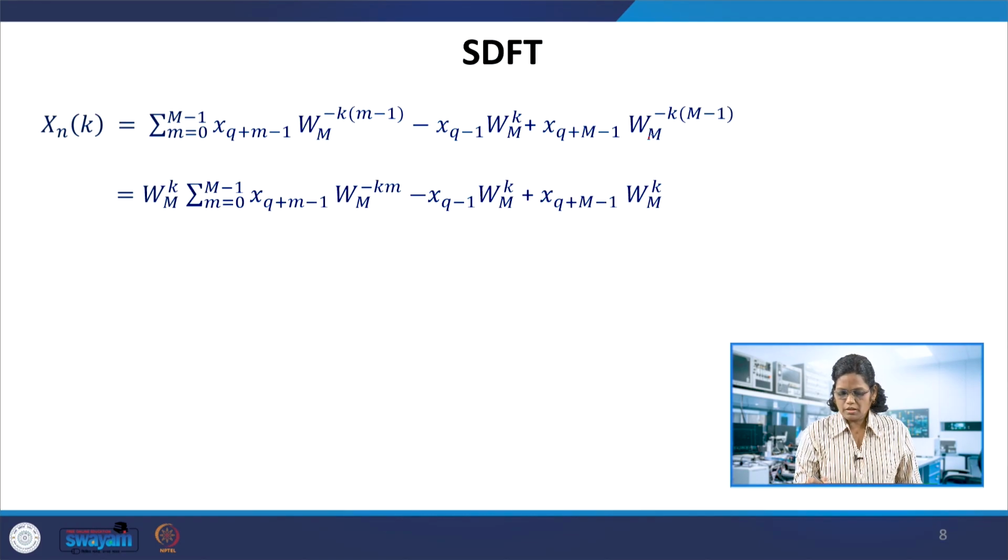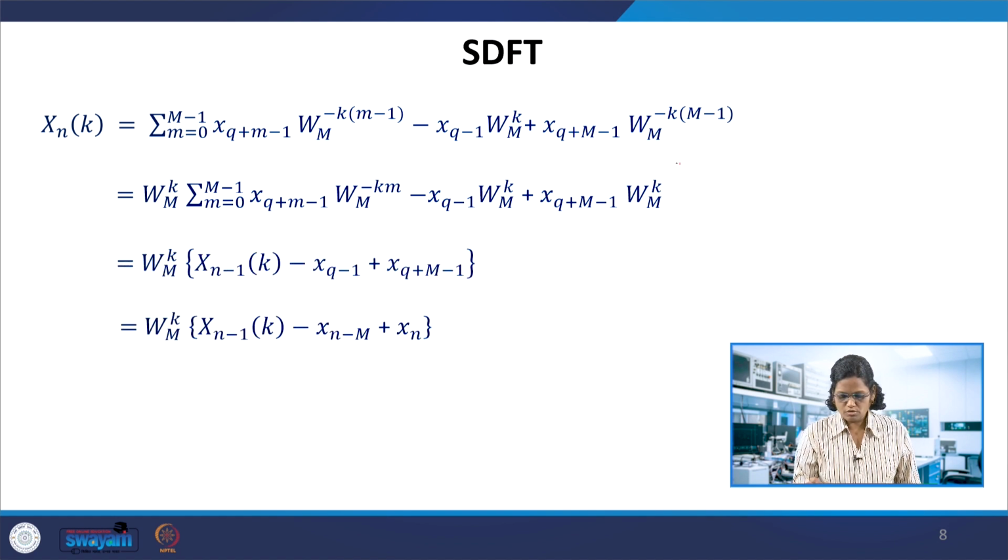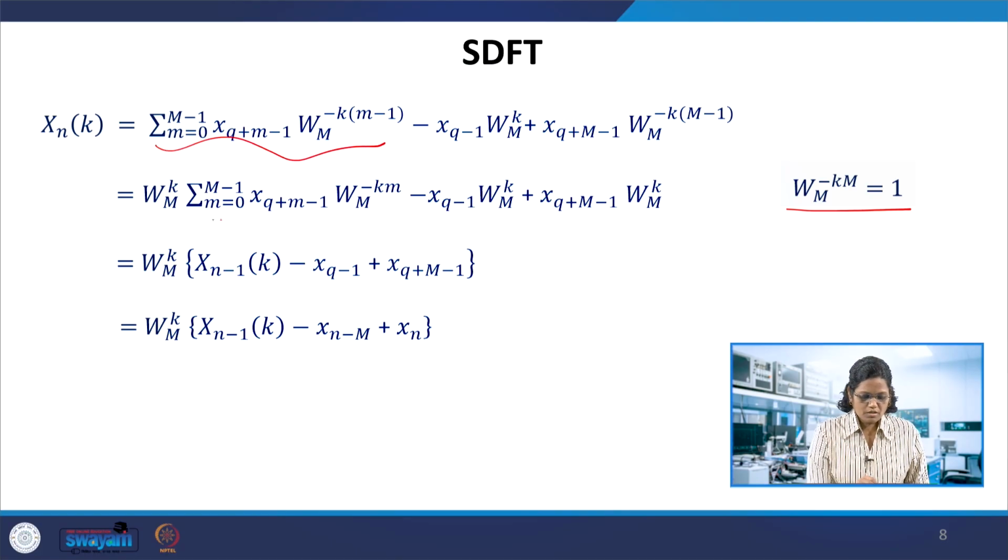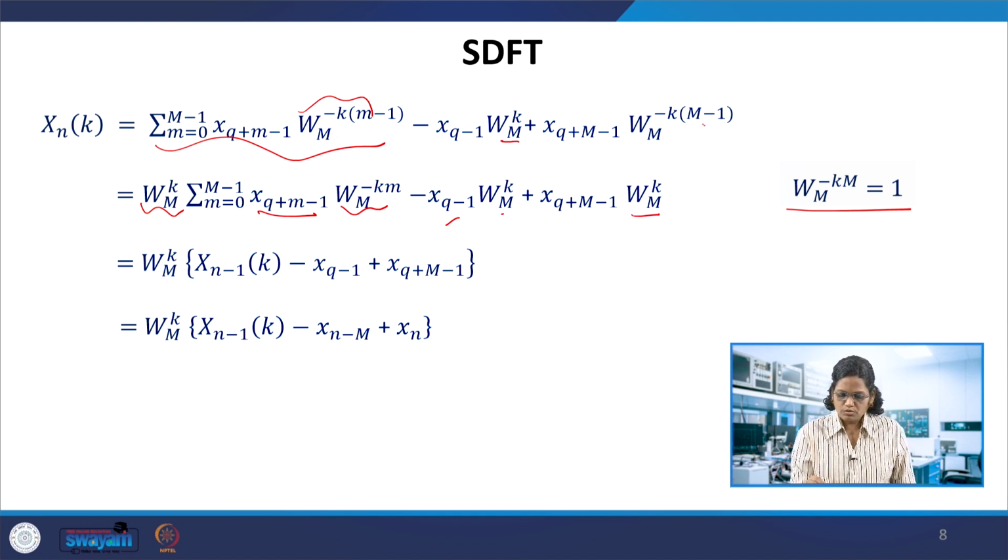So this is w suffix m minus k, and taking out the rest of the terms, you have this term with q plus m minus 1 and q minus 1 and m k already, and this m k would again simplify to 1, right? This k m would be 1, so this will be 1.